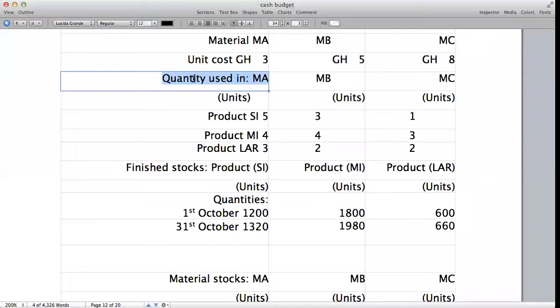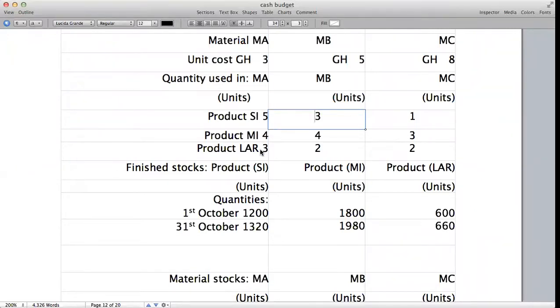It means that if they want to produce a unit of SI, they need 5 of MA, 3 of MB, and 1 of MC. The same applies to MI. They need 4 of MA, 4 of MB, and 3 of MC. So that is it.